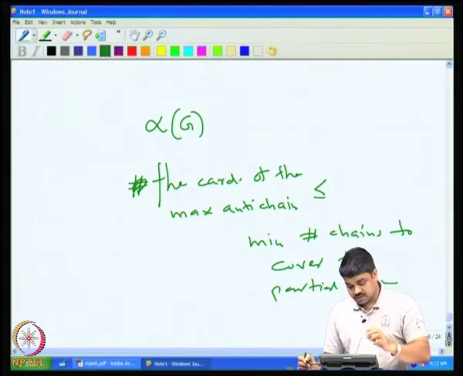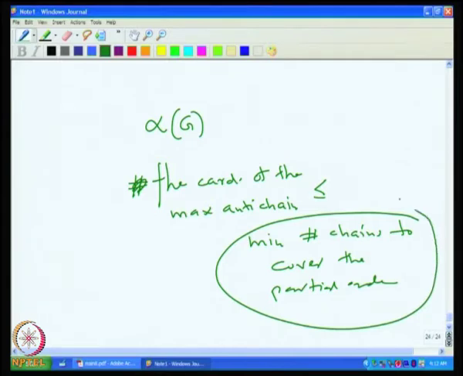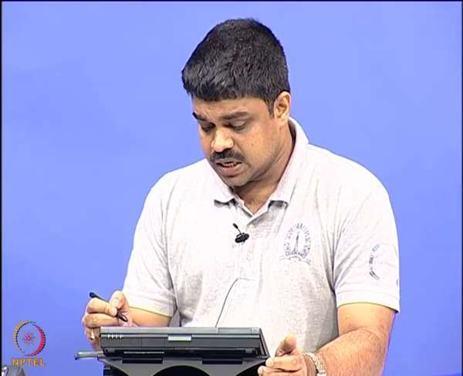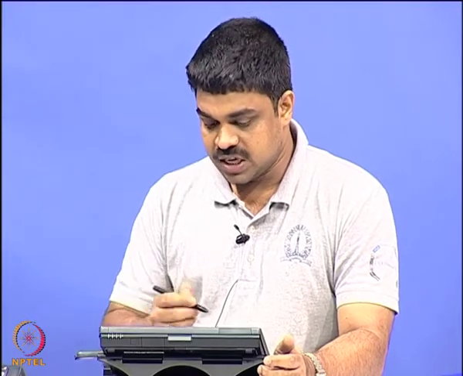But the other way, actually this minimum number of chains to cover the partial order is the minimum directed path cover in the corresponding directed graph, isn't it? Because a chain is a directed path, you are covering all the things and they are disjoint.